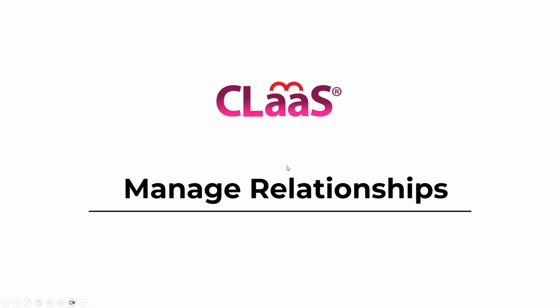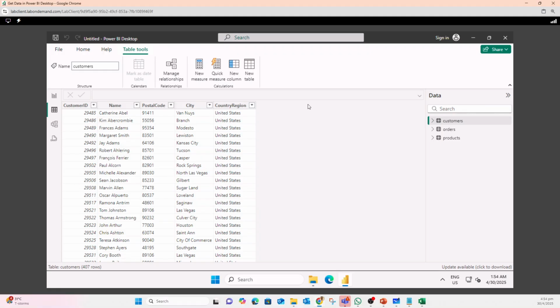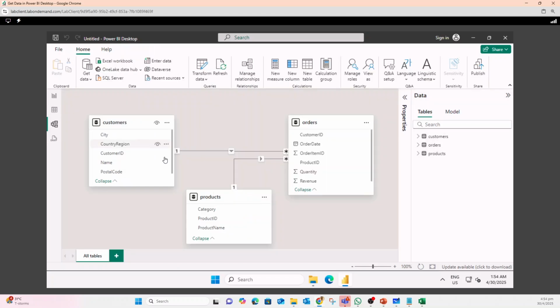Okay, now managing the relationship between the tables in the Power BI. To manage the relationship, you use the ribbon for the control, which is this. If you click the data model, then after that, for example you want to create the link, this one, manage relationship.